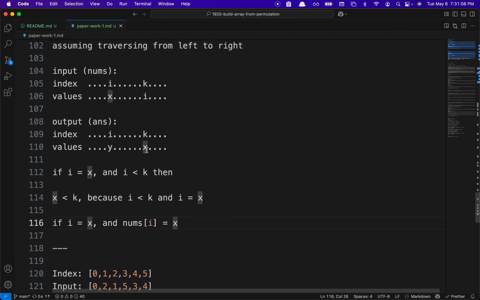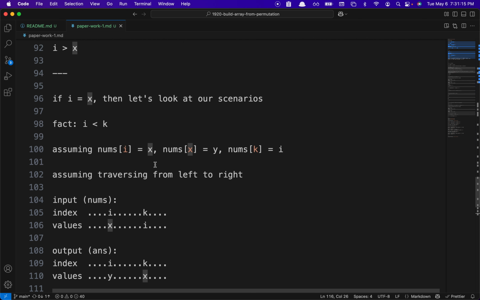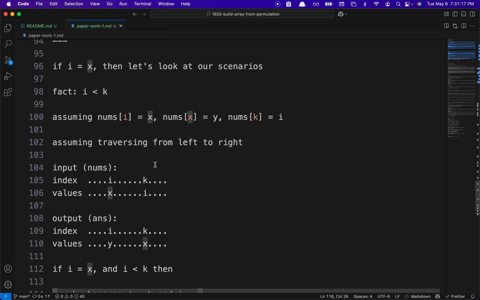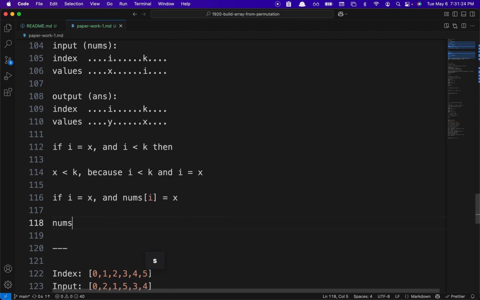Hmm. Does it tell anything about k and y? So we know nums of k equal to I. We say nums of k is equal to I, and if I equal to x, then nums of k equal to x, right?